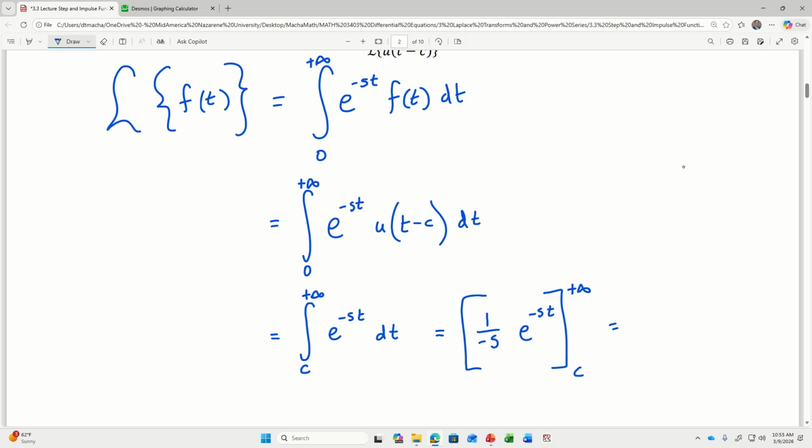If t approaches infinity and s is greater than 0, then e to the negative st approaches 0. And then if I take t equals c, this is minus negative 1 over s e to the negative sc. So in other words, it's 1 over s e to the negative sc.